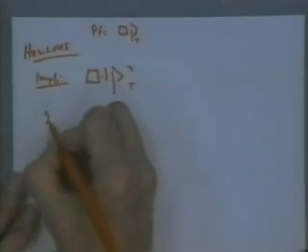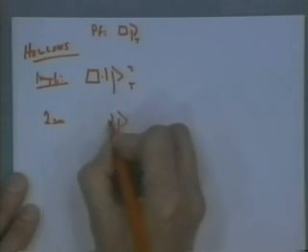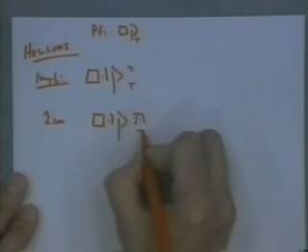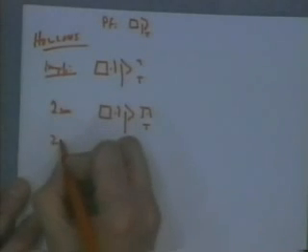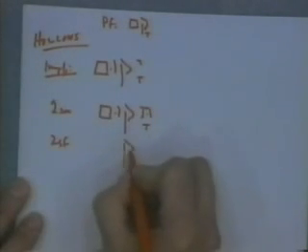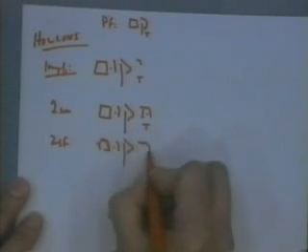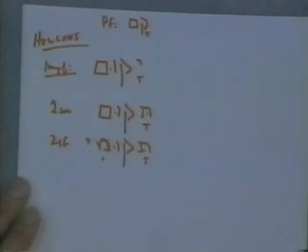Let's go straight to the second singular masculine form. The imperfect of qum in the second person will be taqum, right? The second singular feminine of qum will be, can you make it? Taqumi, right?